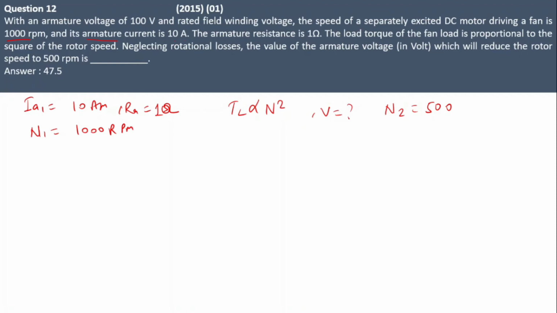So find out E1 equal to V minus IaRa. Ia is 10 amps, equal to 90 volt. This is for N1, 1000 RPM.